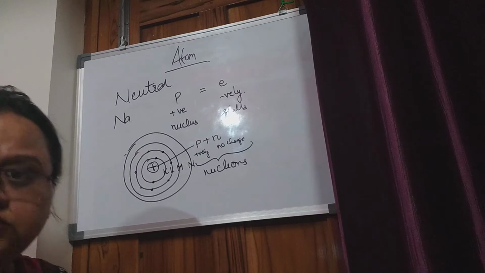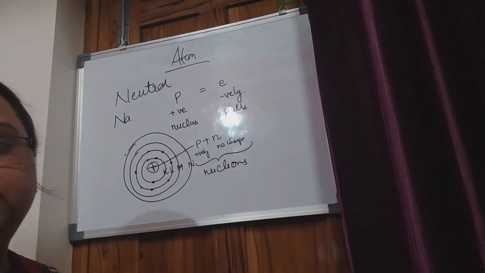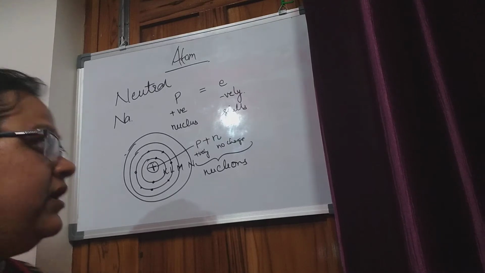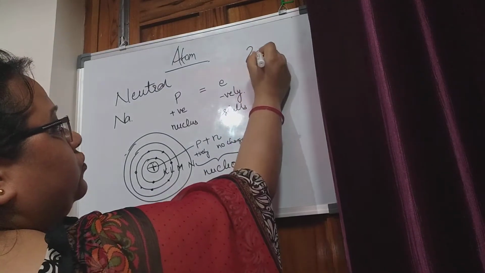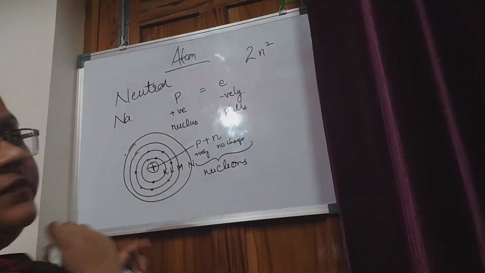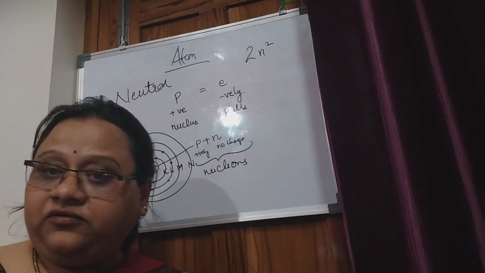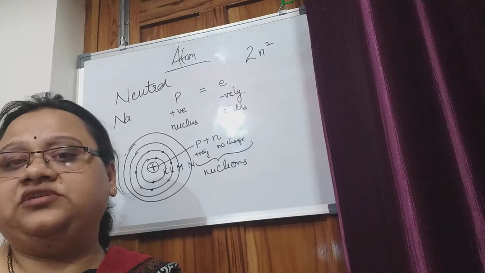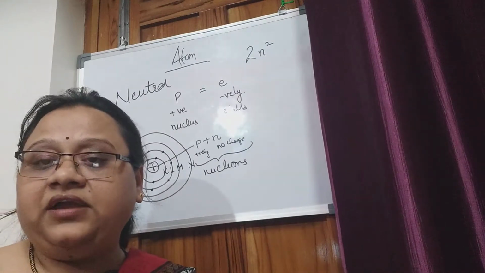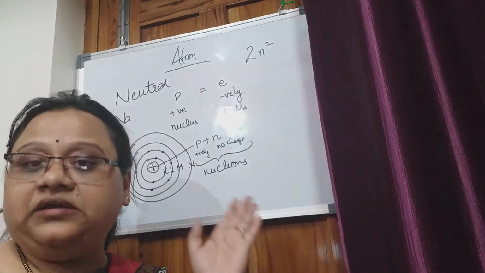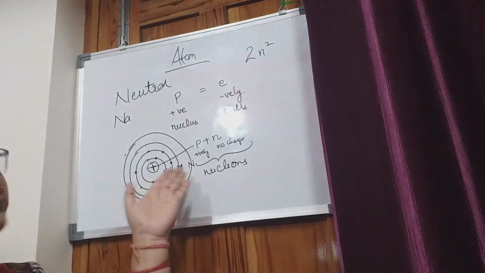There is a rule to fill the number of electrons in these energy shells or energy levels, and the formula is 2n square. 2n square is the formula to fill the electrons in different energy shells or energy levels, or to identify the maximum number of electrons which can be filled in these energy shells.